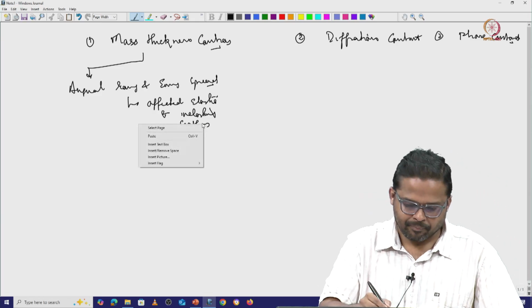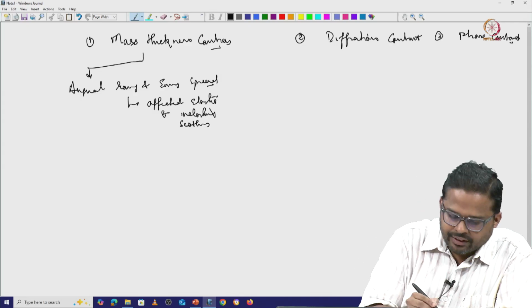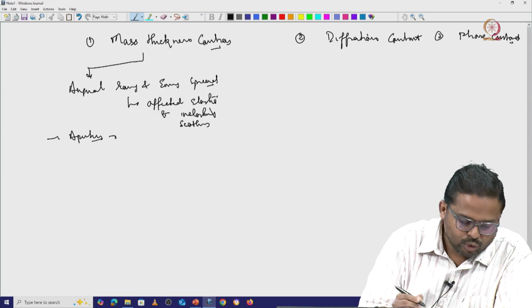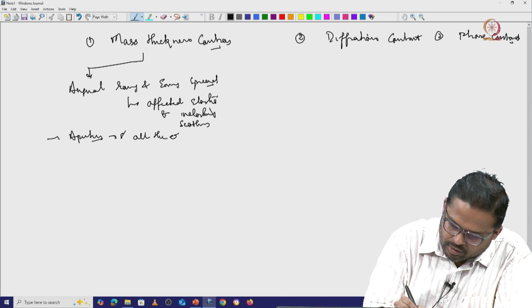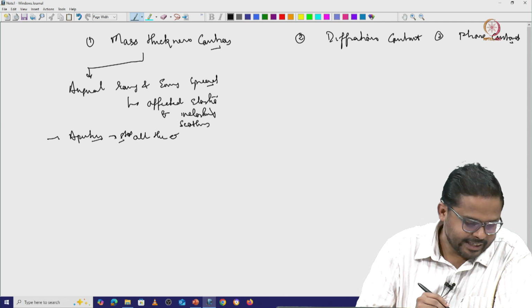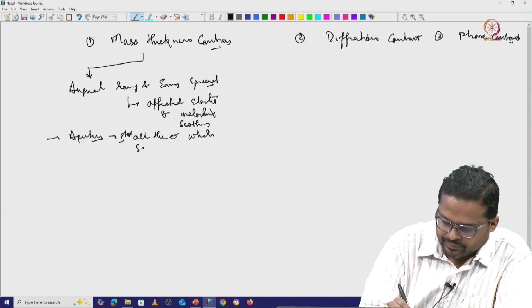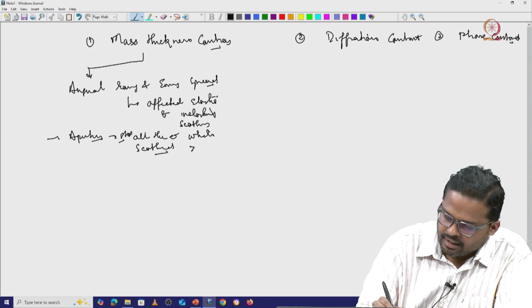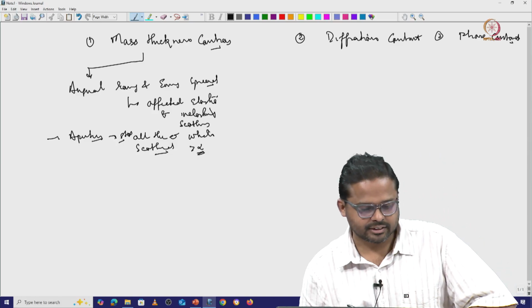Okay. Here we can also use the aperture to stop all the electrons which are scattered by an angle alpha. Okay. So, this is mass thickness contrast.